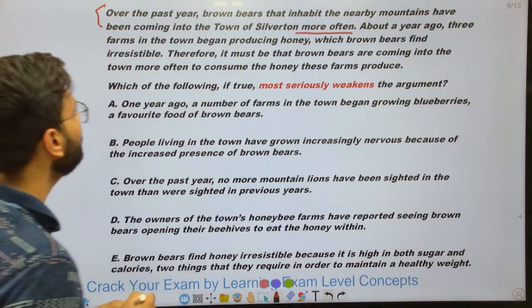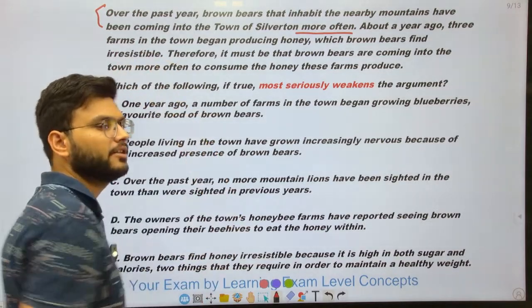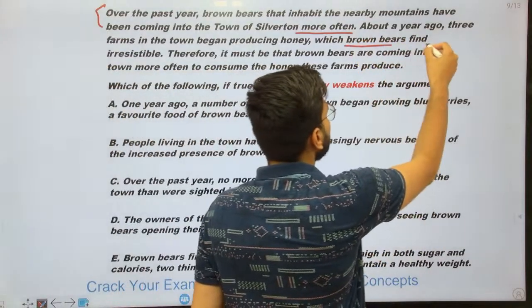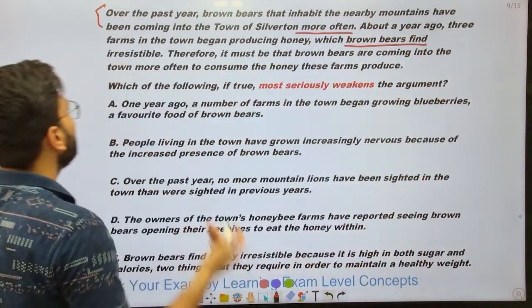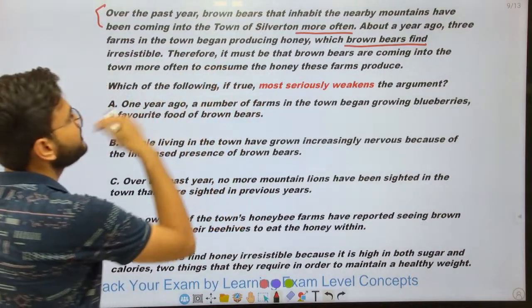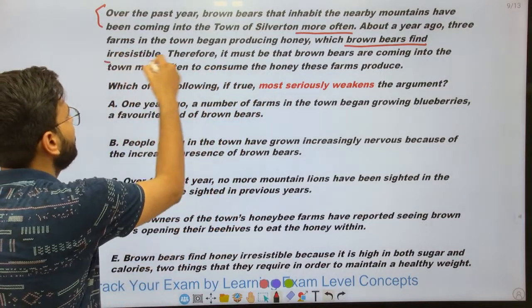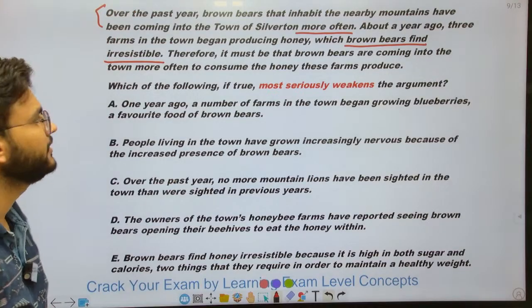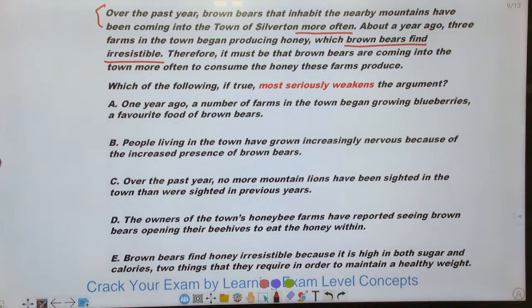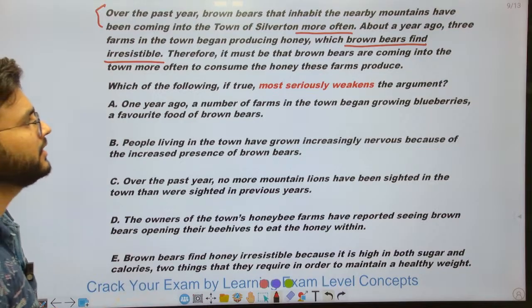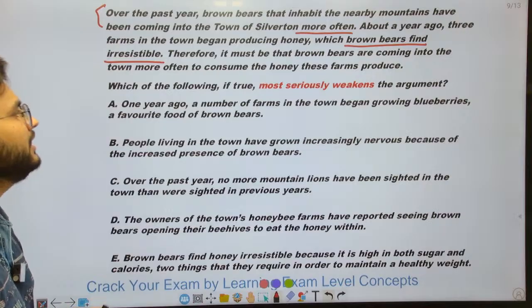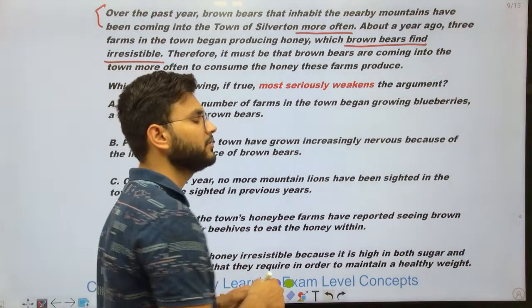So therefore now the author has concluded. Now this is also a fact. You cannot say that brown bears do not like honey. Brown bears find irresistible what? The honey. This is also a fact. Now the author has concluded that it must be that brown bears are coming into the town more often to consume the honey these farms produce.